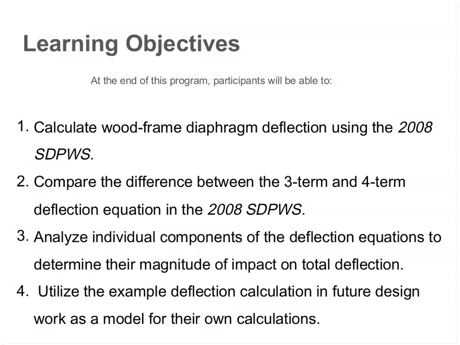We also will compare the differences between the 3-term and the 4-term deflection equation in the 2008 edition, and analyze individual components of deflection equations to determine their magnitude of impact on total deflection. And then hopefully you'll be able to utilize this deflection calculation in future design work as a model for your own calculations.